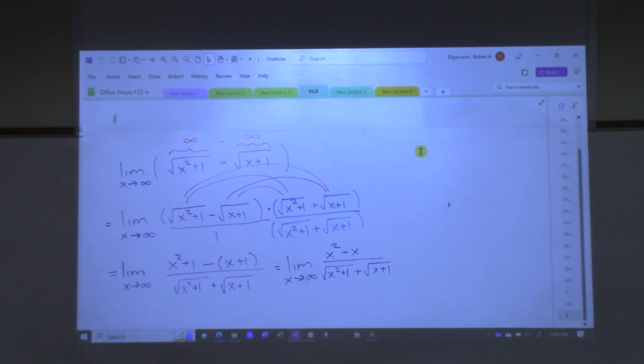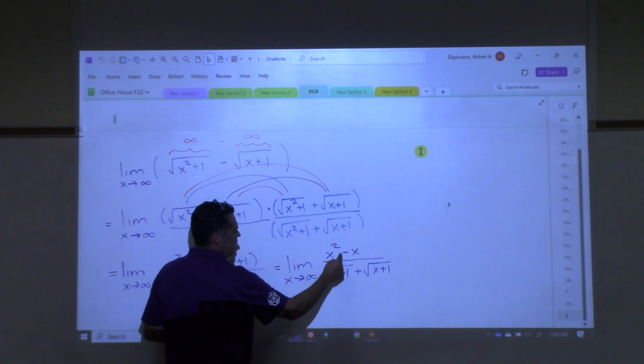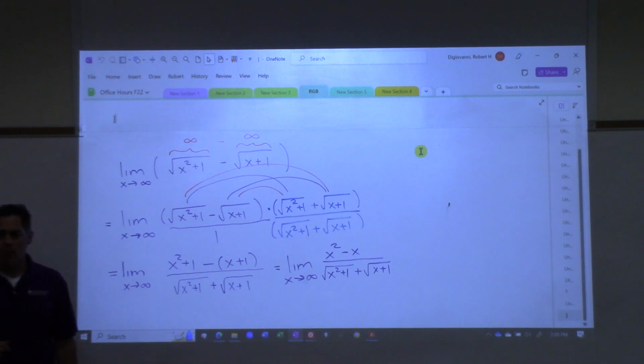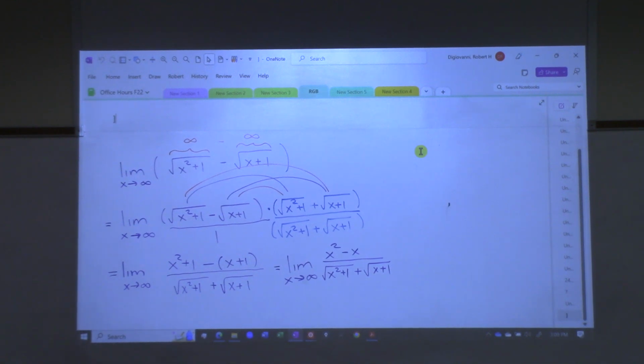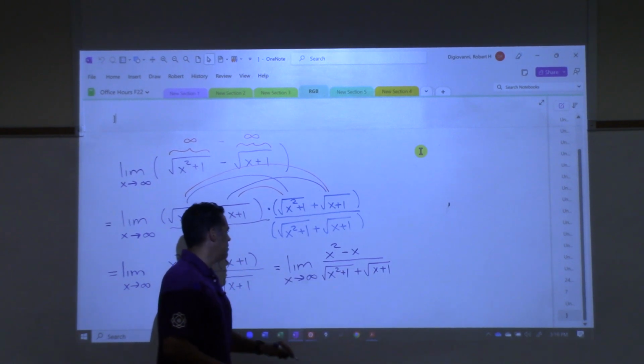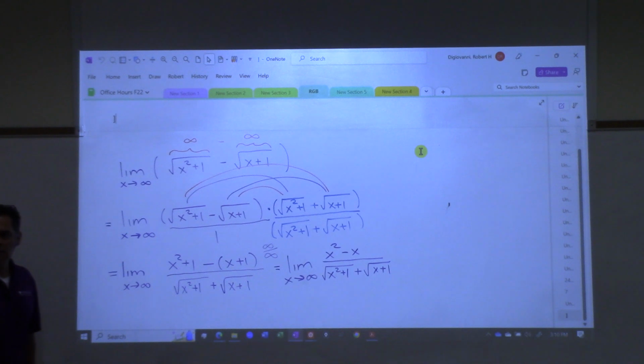Now I actually have infinity over infinity. Well, is that infinity? Isn't this infinity minus infinity? But remember I said that the squared will dominate the x. So that will, in fact, turn into infinity on top. And then on the bottom, infinity plus infinity. So you got infinity over infinity. Now you can use L'Hopital.